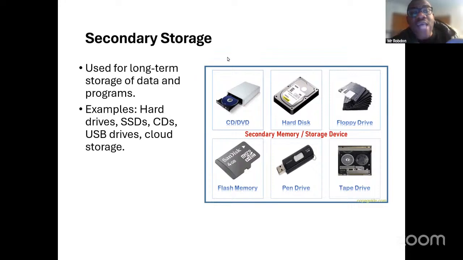Think about a situation where all your work that you type up could not be stored for the long term. What would happen to you? Every time you turn the computer on, you would have to do it all over again. So you need something called secondary storage. Secondary storage is used for long-term storage of data and programs.